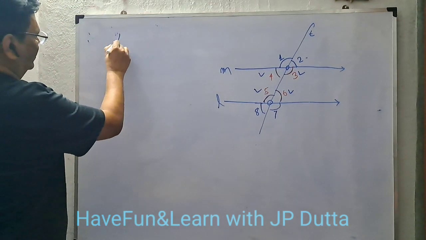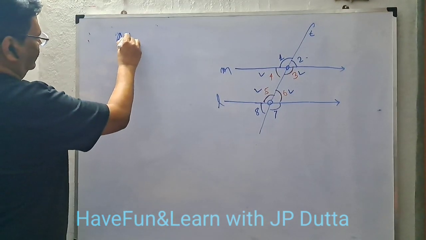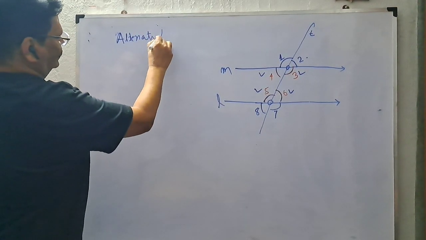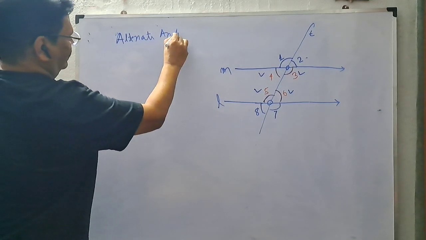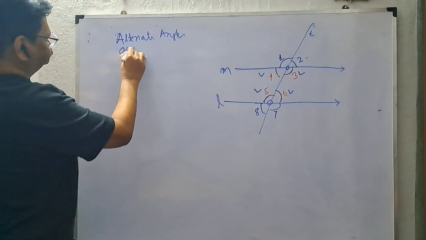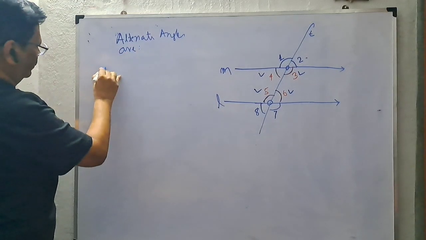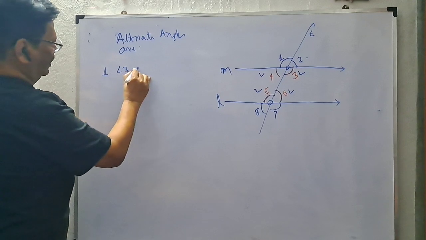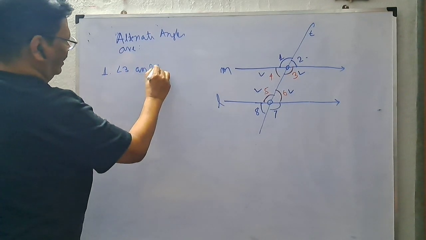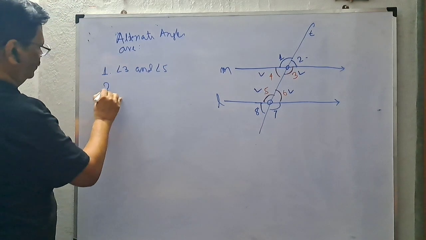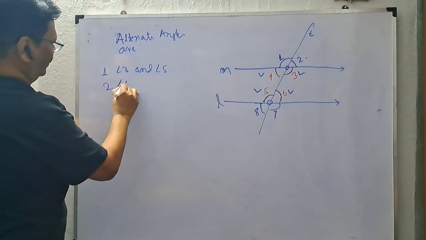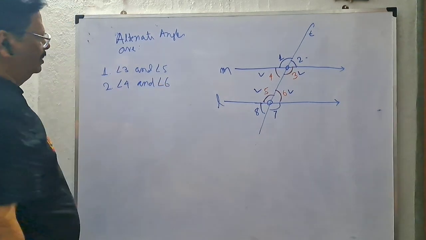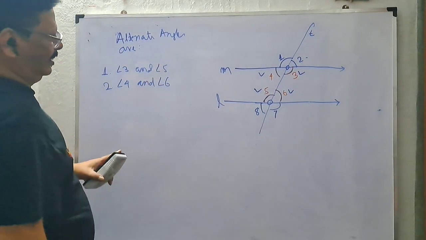So, alternate angles are number 1, angle 3 and angle 5, number 2, angle 4 and angle 6. So they are called alternate angles.